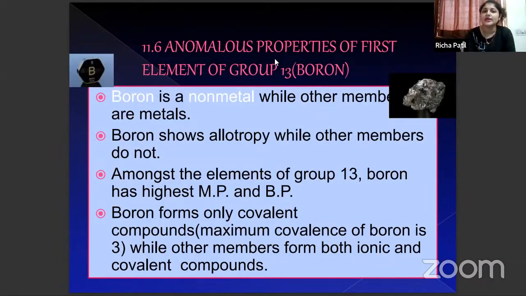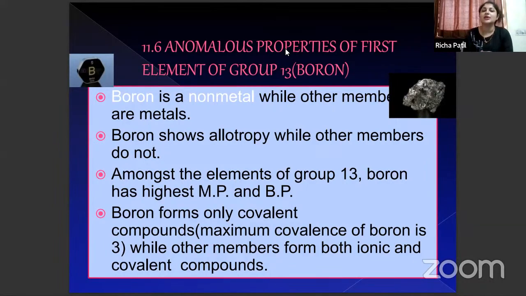Anomalous properties: what do you mean by anomalous property? It is how the first element, boron, is different from the other elements of the group. Boron is a non-metal, while the other members of the group are metals.